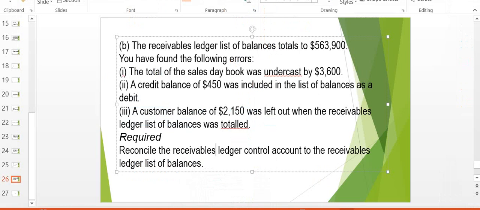So being a credit, it means it's going to reduce our amount on the receivable ledger. As you know, receivable is an asset. The last error, a customer balance of 2,150 was left out, so it was omitted in short, so we bring that one in.